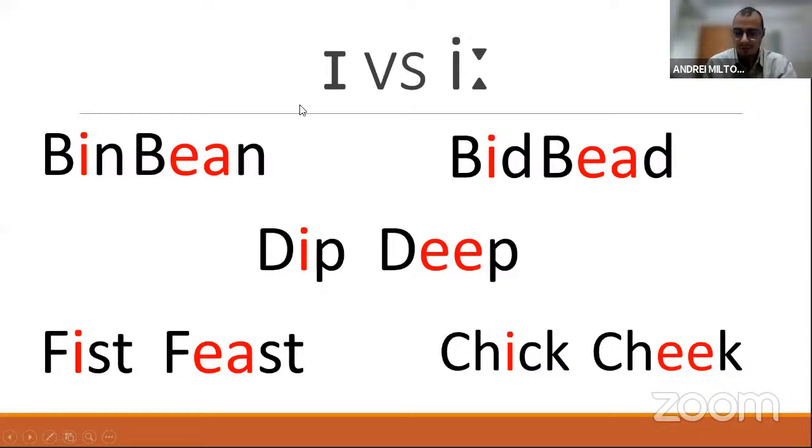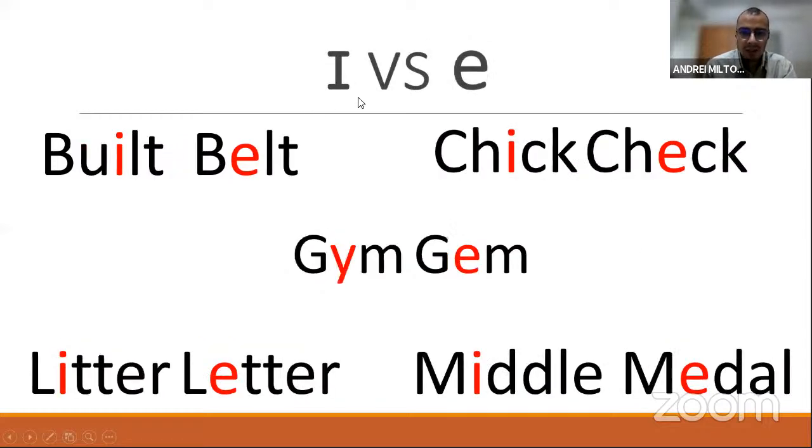Okay, next one. Can you distinguish them? The first one, I told you, is like A, but it's not exactly it. So it's built and belt, right? Chick and check. Gym and gem. Liter, letter.